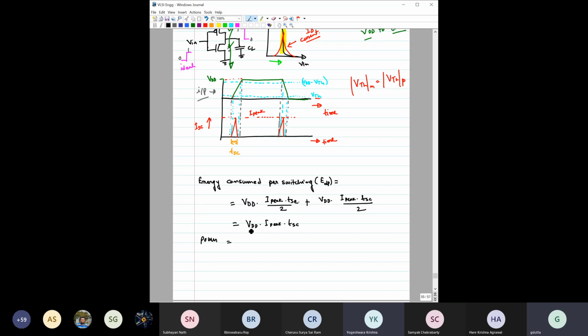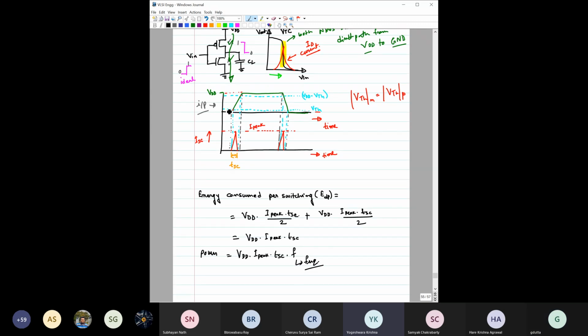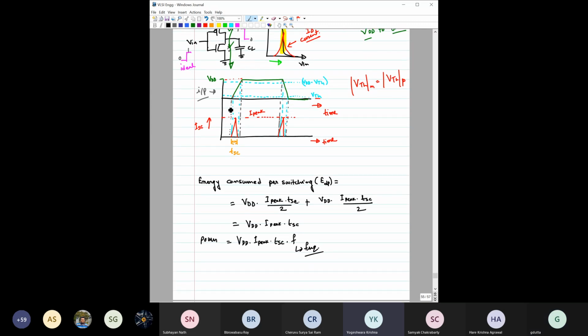To estimate the power, we again have to multiply with the clock frequency. That gives you the power dissipation due to this direct path between VDD and ground.